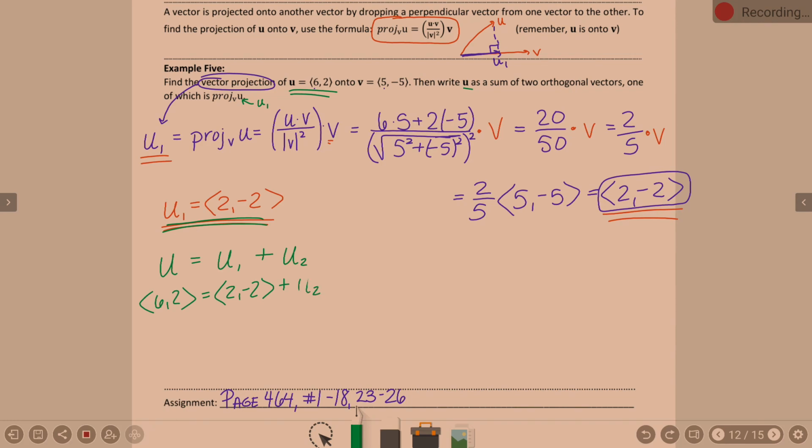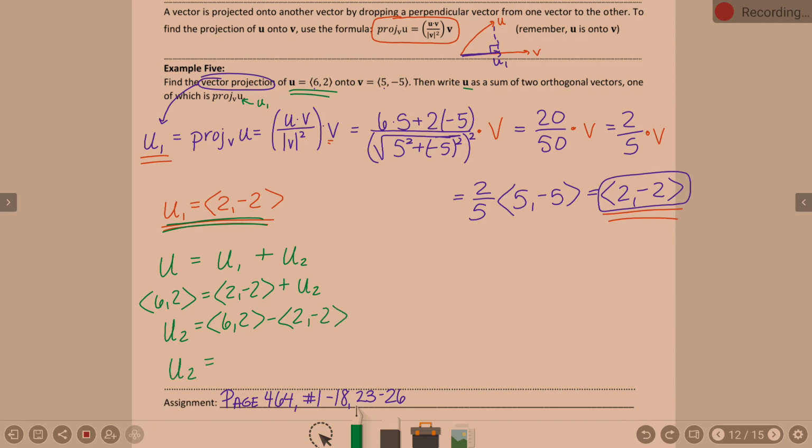You just subtract over it. Exactly. Basic equation solving skills here, folks. If u2 plus that one vector equals the other vector, then how do we find u2? We're going to subtract. So you're going to be doing u minus u1. In order to do u2, I'm going to be doing the vector u, which is 6, 2, and subtracting the vector u1, which is 2, -2.